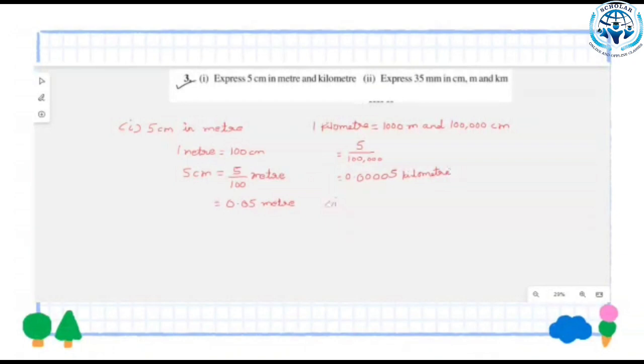The second part, express 35 millimeter in centimeter, meter and kilometer. So 1 centimeter has 10 millimeter. So we will divide first of all 35 by 10. We will get 3.5 centimeter. As 1 zero in the denominator, so 1 digit after decimal.